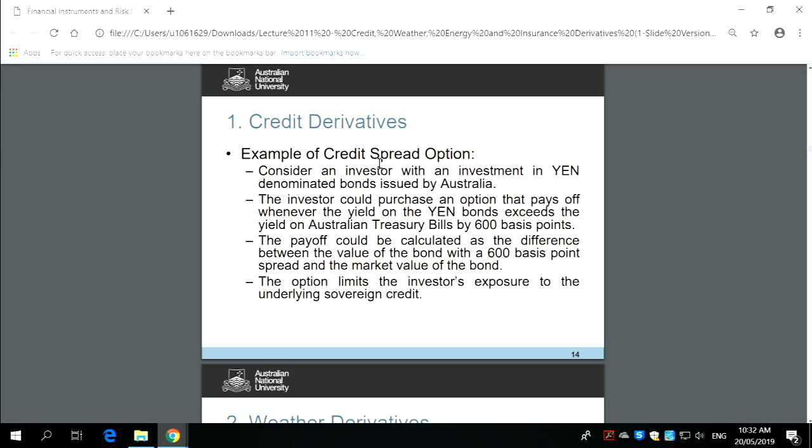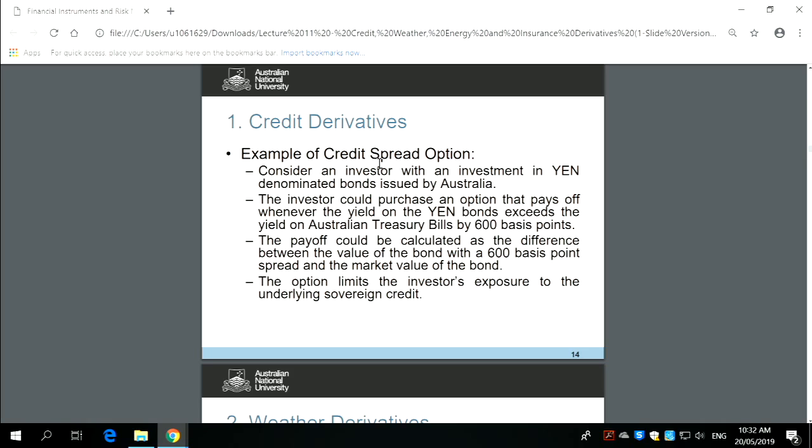So in this example, the risk you face is that if you bought the Australian bonds and the interest rate goes up, then your bonds would be worth less. On the other hand, the Japanese bonds would be worth much more than the Australian bonds you're currently holding. So what you can do is buy one of these credit spread options.